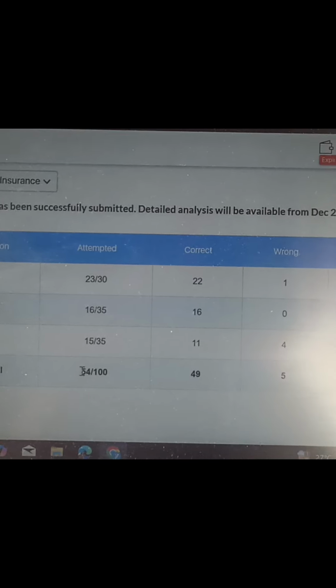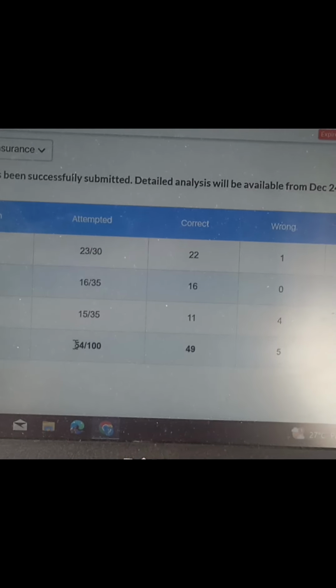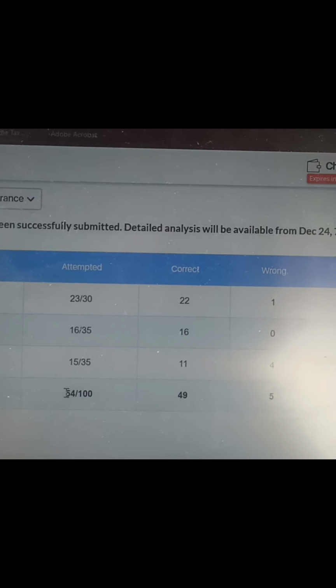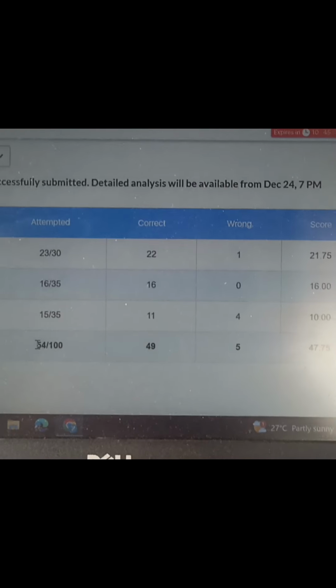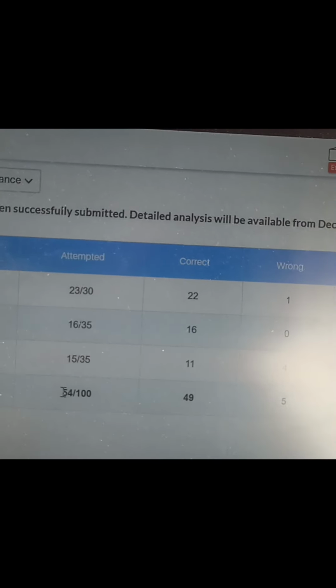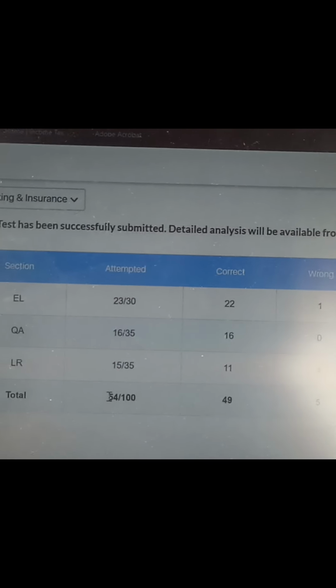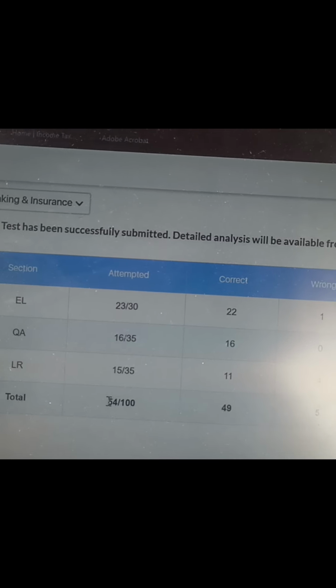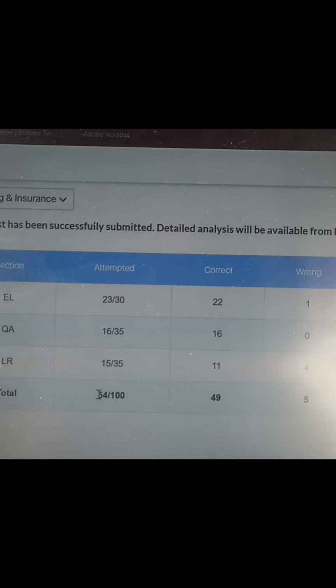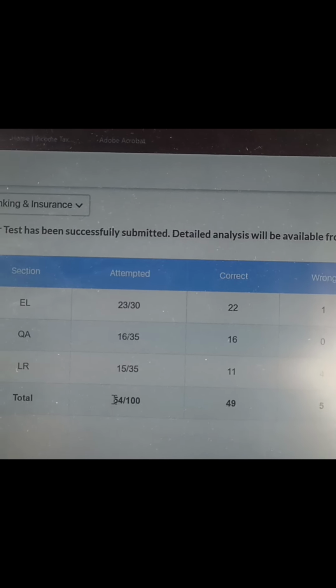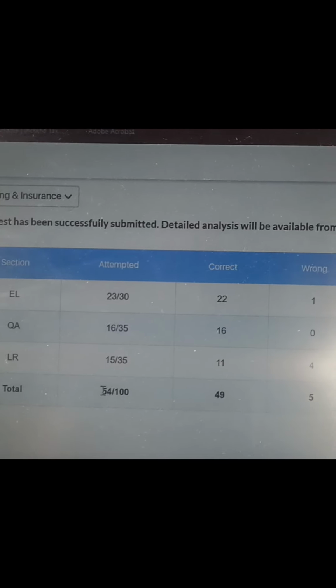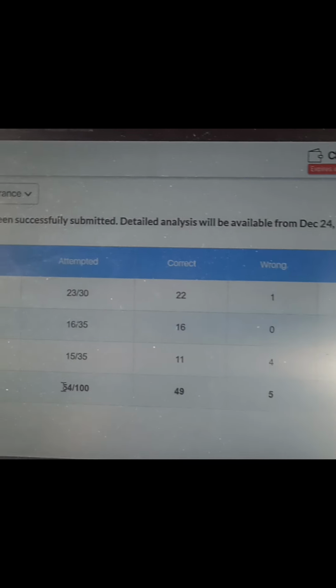See, today in the quant and reasoning sections I changed my approach. That's why my attempts were low. Earlier I used to attempt the one-liners first and then enter the arithmetic questions. So today I thought let me change some strategy and see what I score.